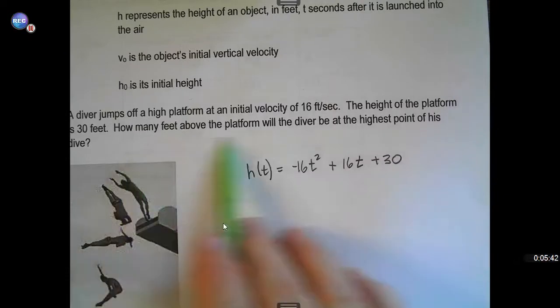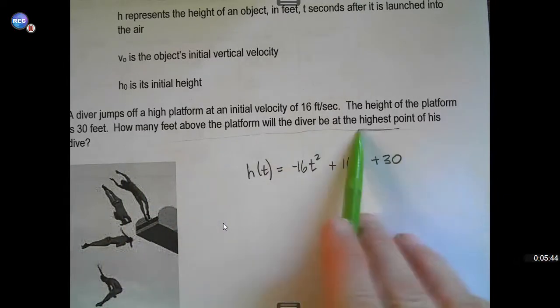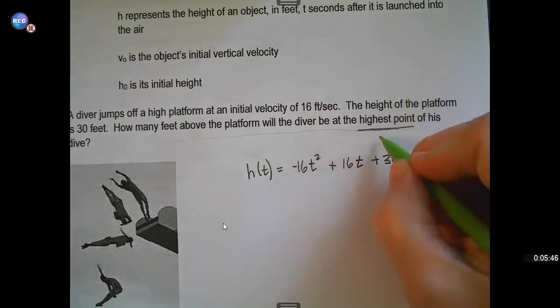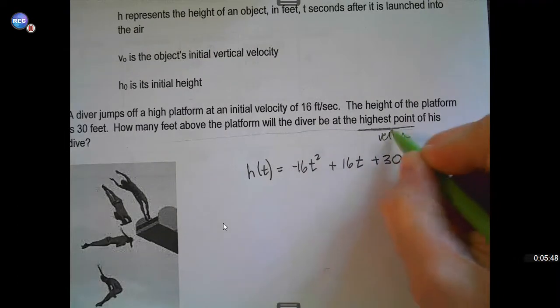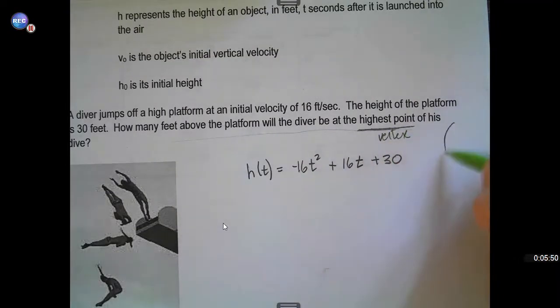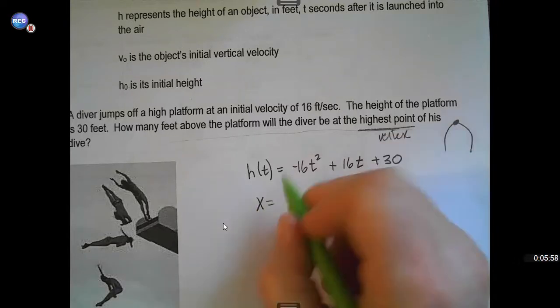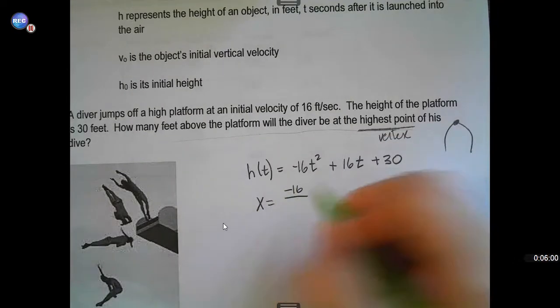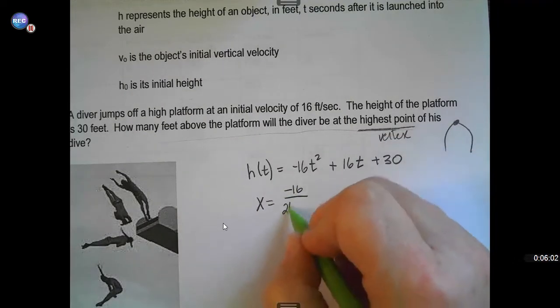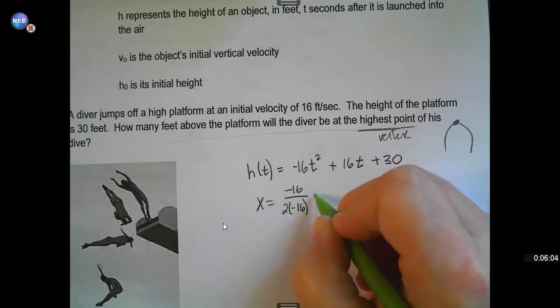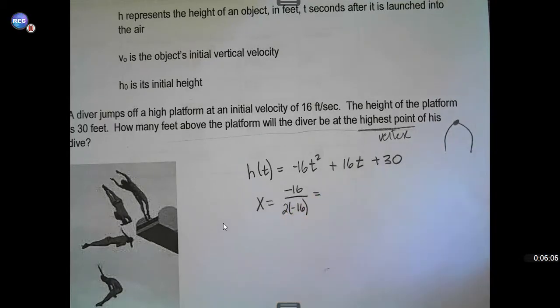How many feet above the platform will the diver be at its highest point? That means find the vertex. For a parabola that opens down, the highest point that's going to be achieved is the vertex of the parabola. So the vertex is the opposite of b over 2a, and that looks to be 1/2.